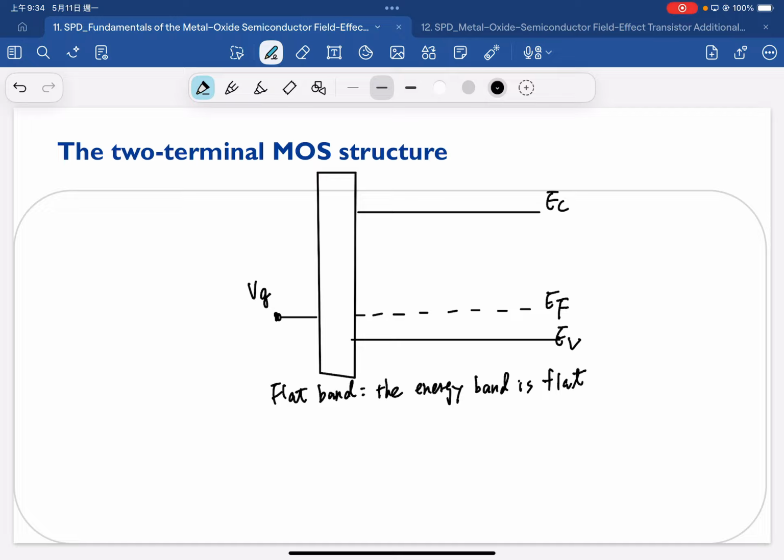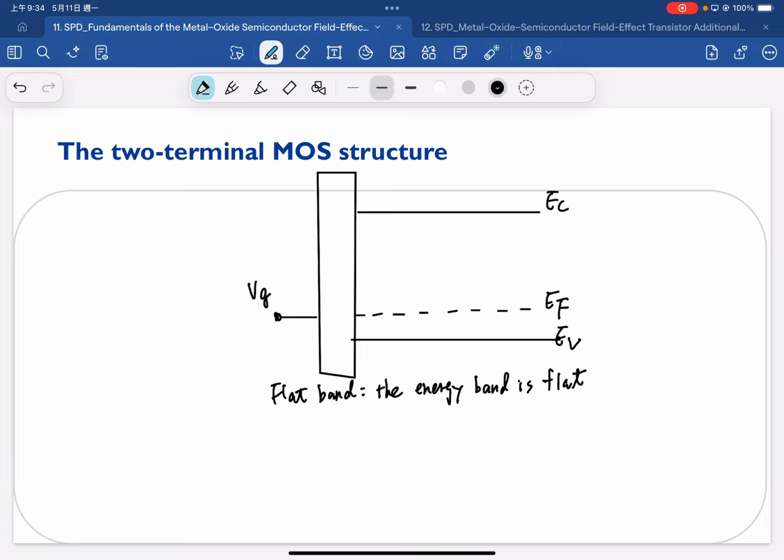Originally the band would not be flat, because we have a different metal work function versus semiconductor work function. But if we intentionally add a certain bias that causes a flat energy band, this is the condition we call the flat band voltage.